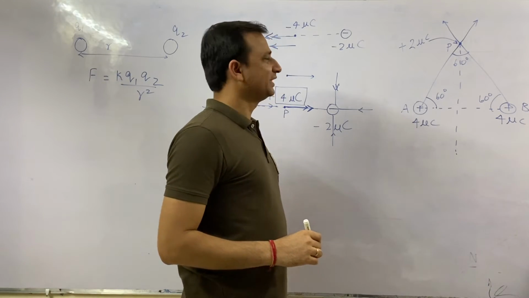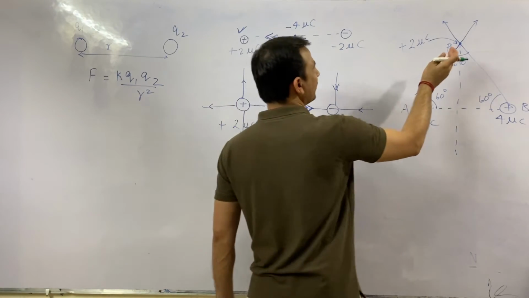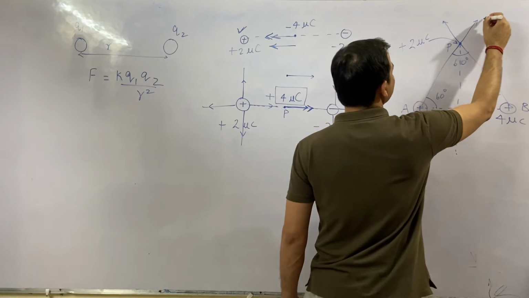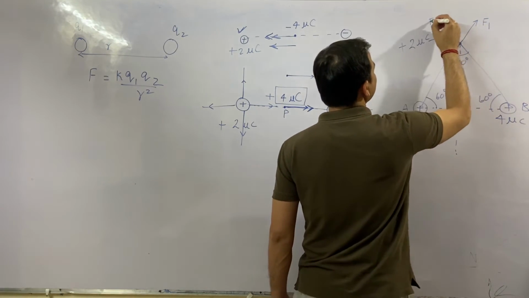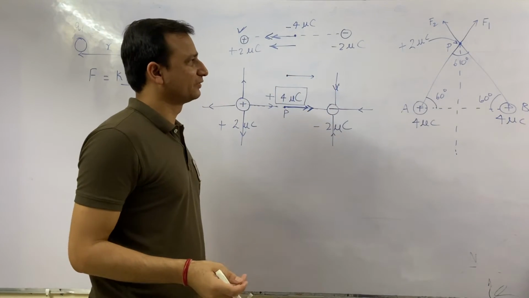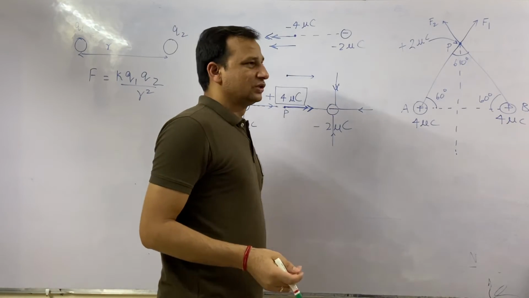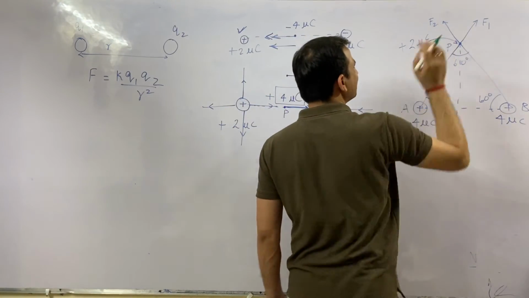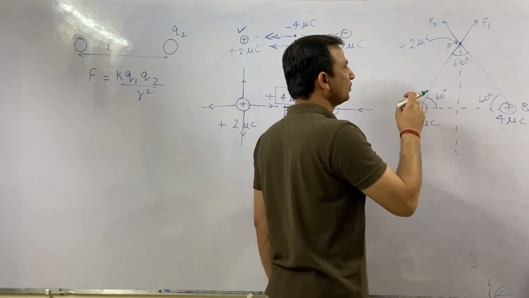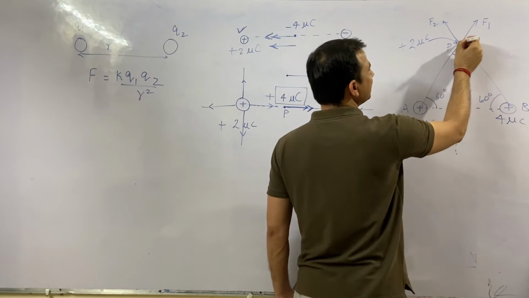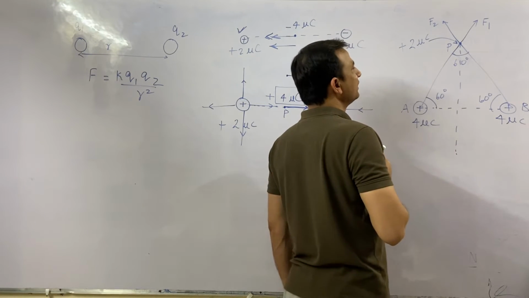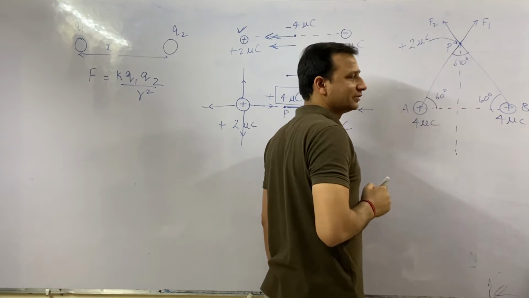So what we can see is they both are pointing in different directions. And let's give them a name, F1 and F2. No need to give this name, but I'm just giving the names F1 and F2. So F1 and F2 are two vectors which are pointing in different directions. So at point P, there will be a resultant force which will act vertically upward.